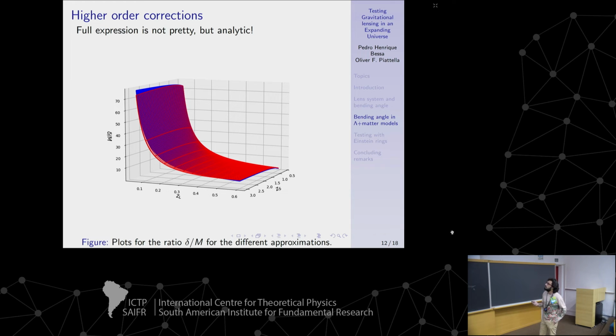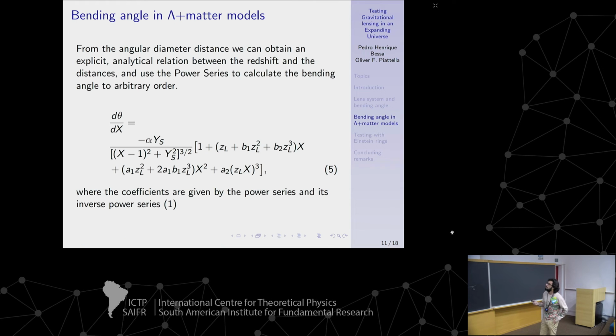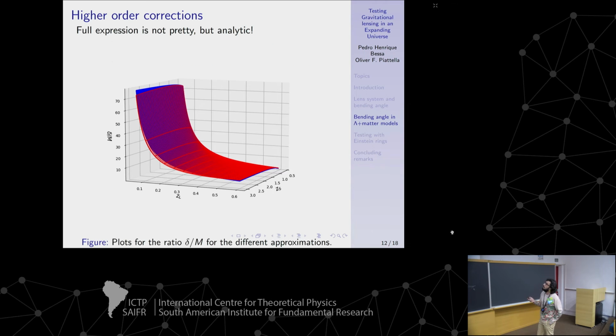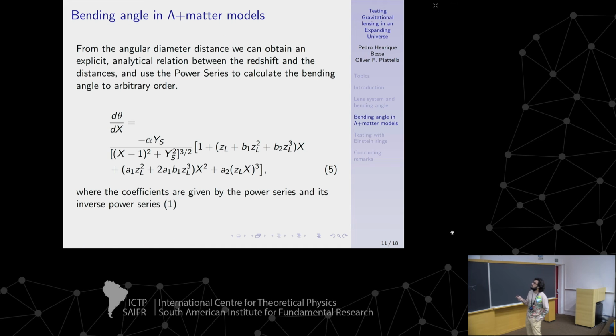And this graphic showing the red line, the correction including all the terms, that is the third order correction, right, the delta 3, which I'll define. And the blue line is the first order correction, right, if we had taken just 1 plus x here, okay, which is the first order correction to the usual Schwarzschild bending angle.